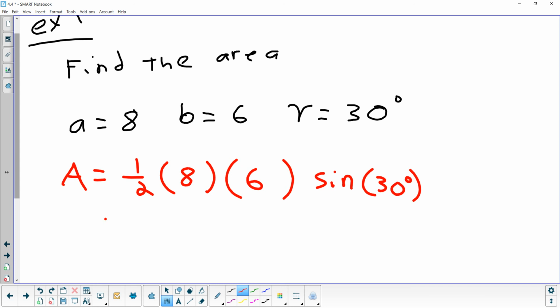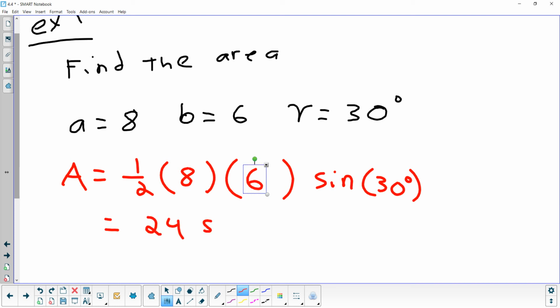All right, so let's do it out and see what we got. We don't have any units on the sides, so we're going to put u squared in the final answer. Let's see, Ava, what's 1/2 of 8? 4. Times 6? 24. Good.